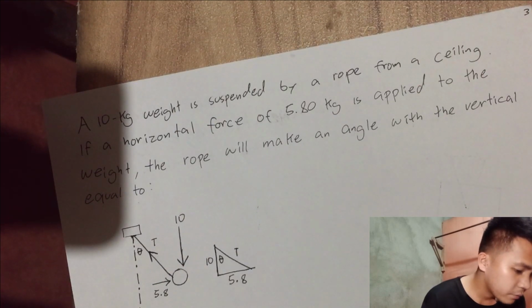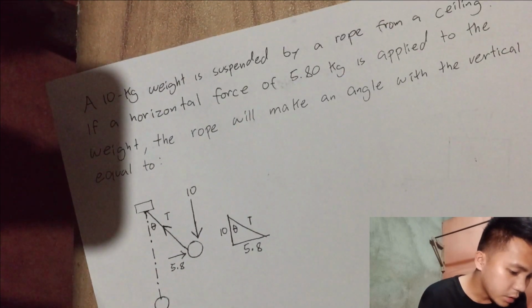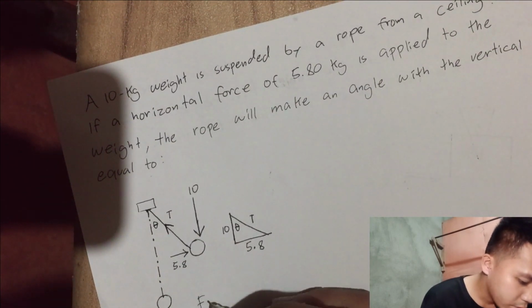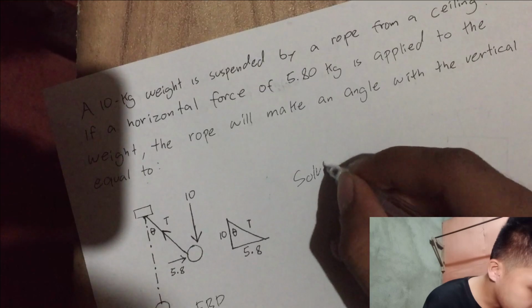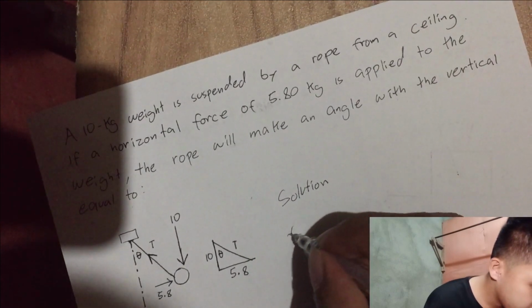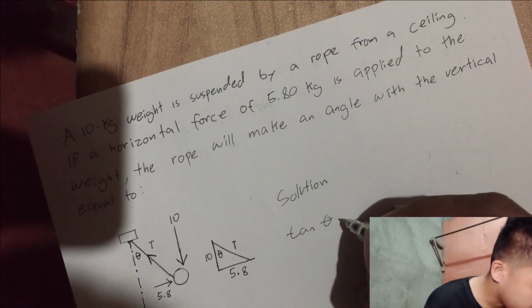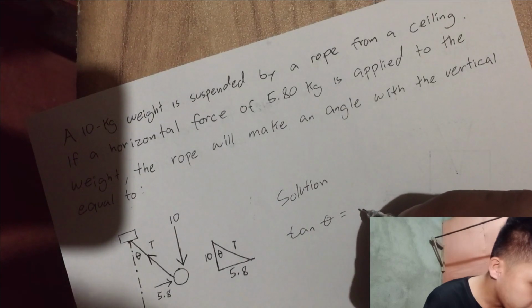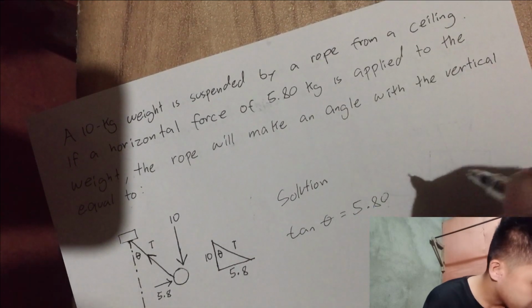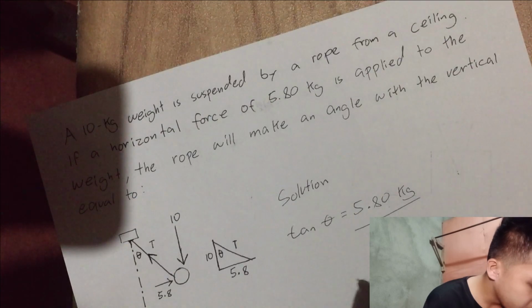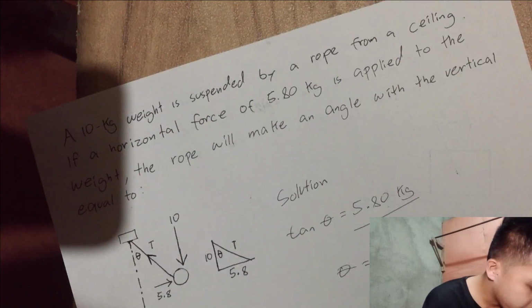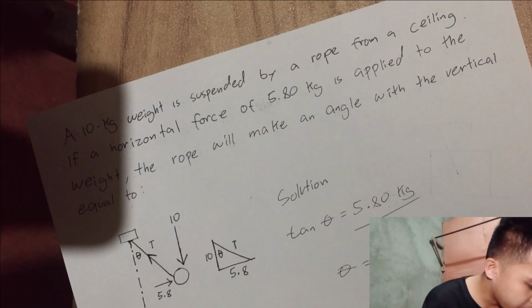If a horizontal force of 5.80 kg is applied to the weight, the rope will make an angle with the vertical equal to what? For the solution, tangent theta is equal to 5.80 kilogram divided by 10, so theta equals 30.11 degrees.